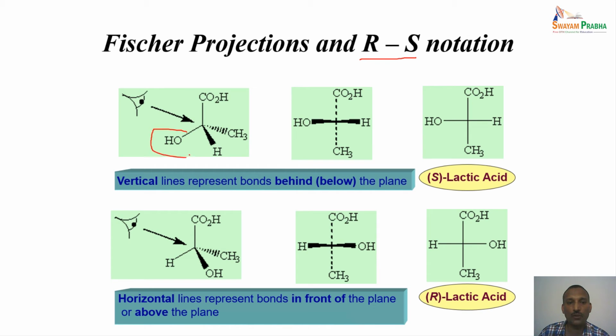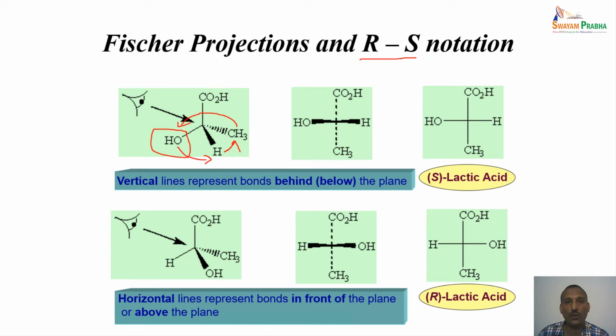So we have a hydroxyl group, a methyl group, carboxylic acid and hydrogen. According to the R-S nomenclature, the hydrogen should be away from the observer. In other words, we have to rotate the molecule in such a way that the hydrogen goes behind and the methyl group will come here and the OH will come here.